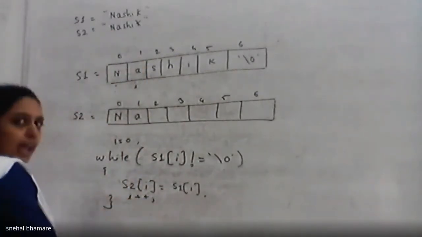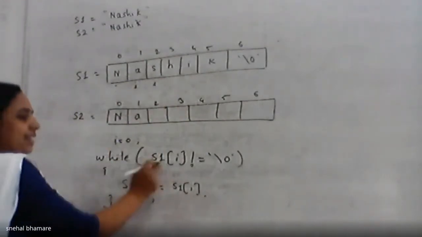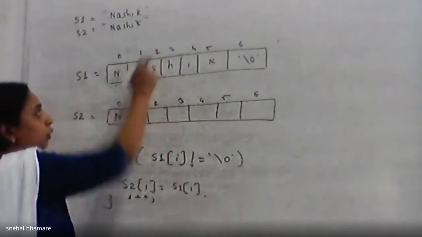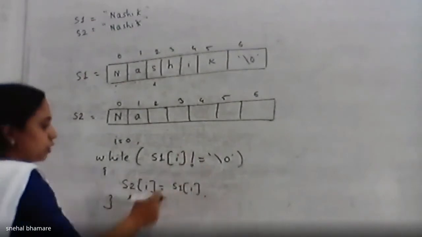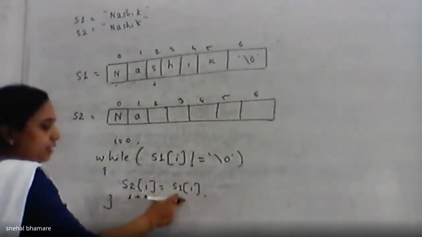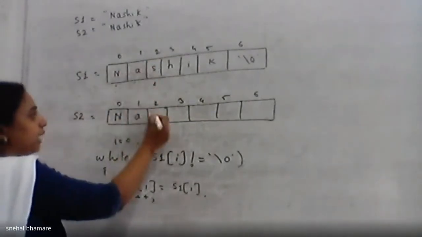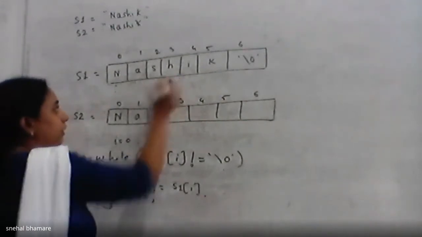Again increment I, it will come to the next location. Again check the condition, whether S1 of I, that is S1 of 2, is equals to slash 0? No, the condition is true. So S2 of I is equals to S1 of I, that is S2 of 2 is equals to S1 of 2. Then I plus plus, I will move to this location.